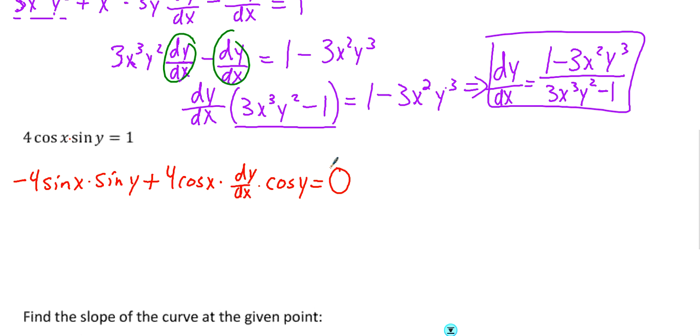So in this case, we only have one dy over dx. So we're going to move this to the other side.